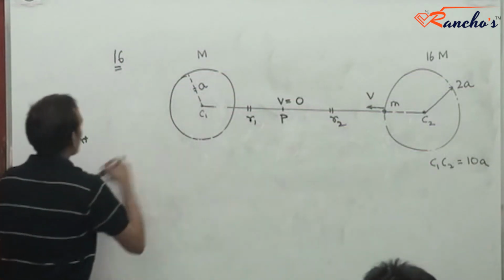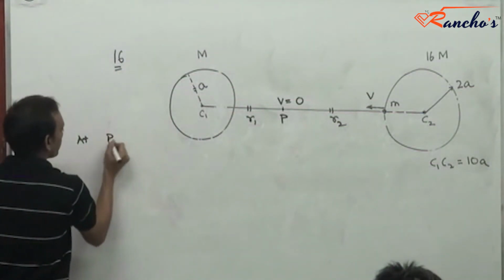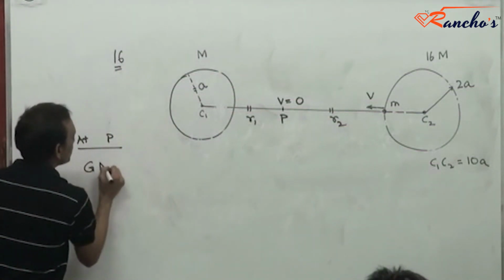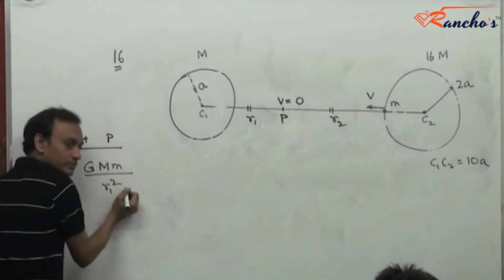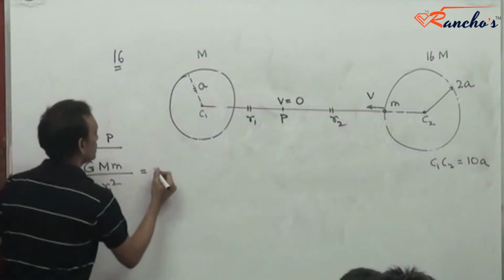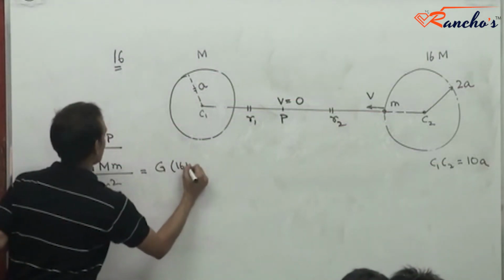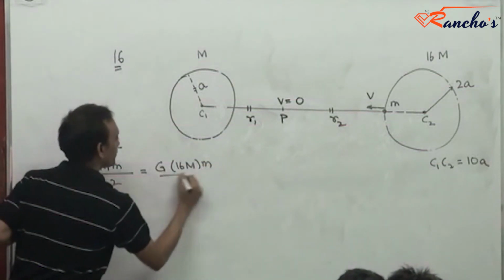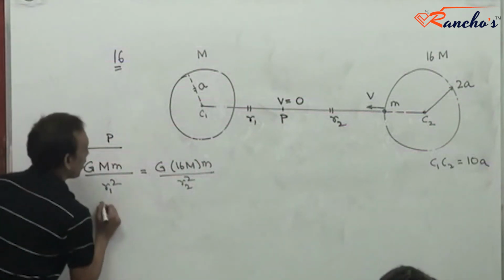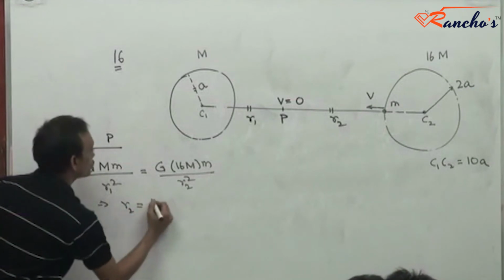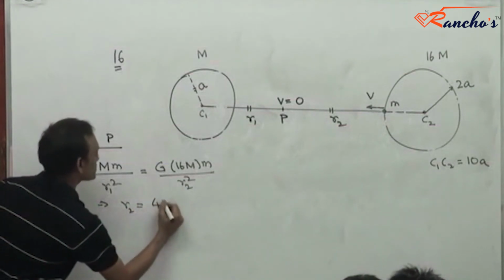Because of the smaller star at P, G M m by R1 squared must equal G times 16M times m by R2 squared. R2 then becomes equal to 4 times R1.